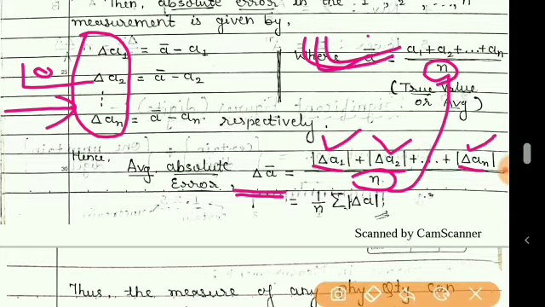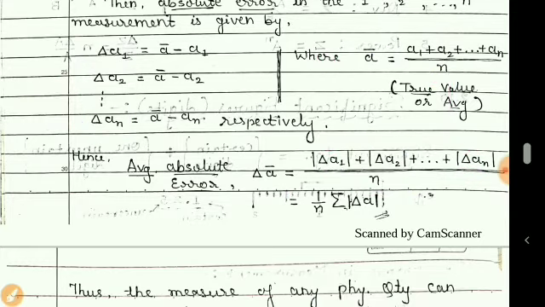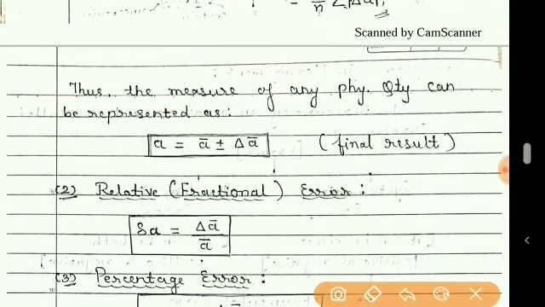Now after obtaining this true value and the error, we can now give the final result. Hence the measurement of that physical quantity, suppose this is length, can be represented as its true value plus or minus its average absolute error.